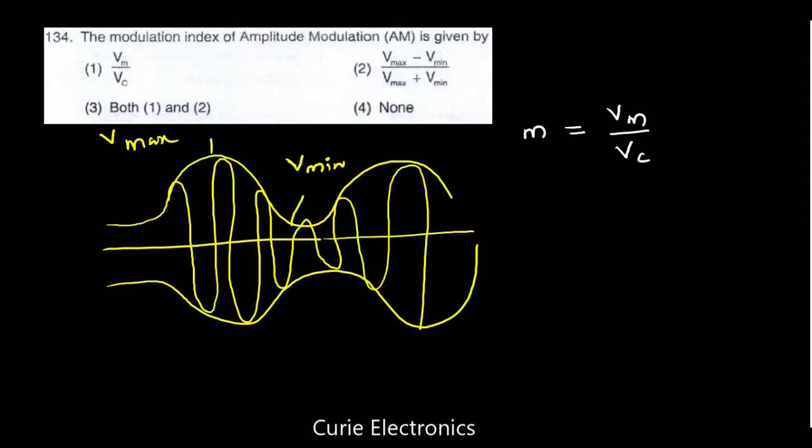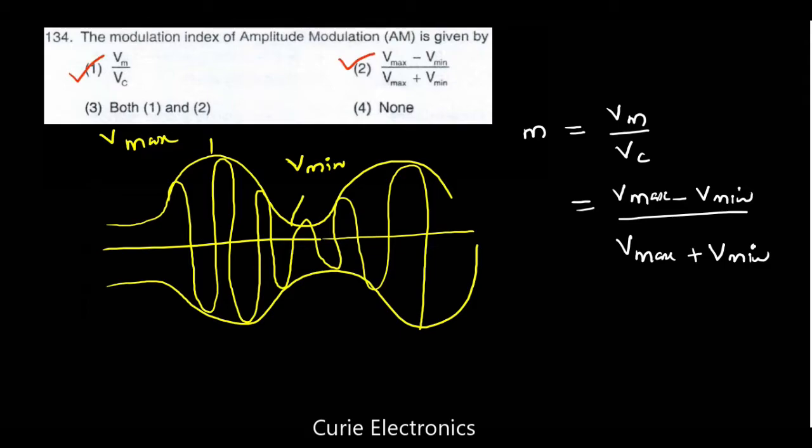This is also equal to Vmax minus Vmin upon Vmax plus Vmin. So both option 1 is right, option 2 is also right. So the correct answer is both 1 and 2.